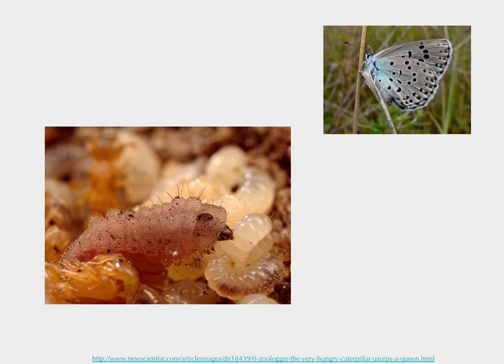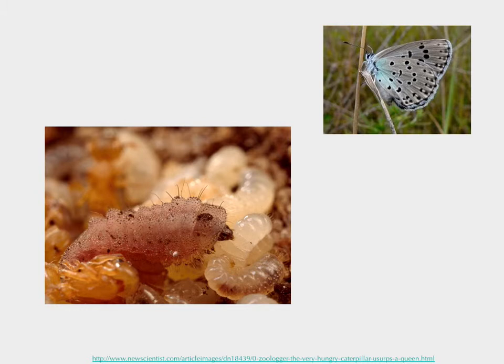So where the leaves it's eating? Yeah, so this caterpillar now lives inside ant nests. Caterpillars were ancestrally living outside eating plants. Now it's living inside an ant nest.